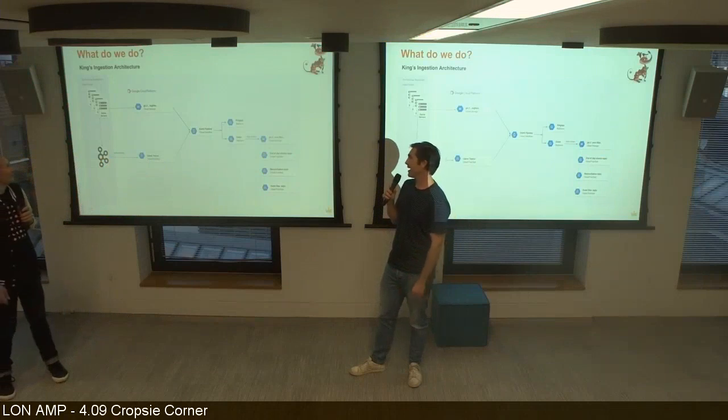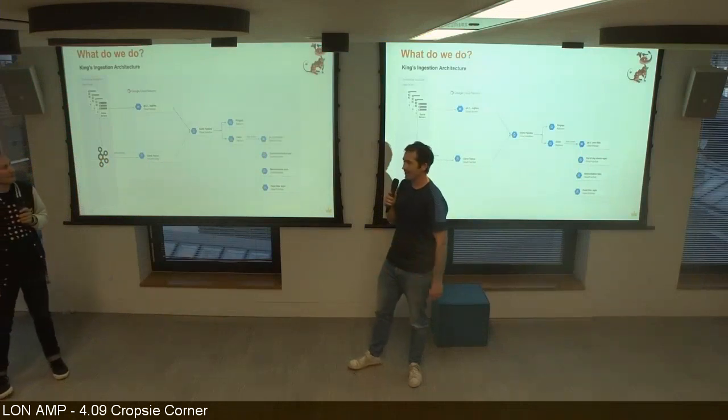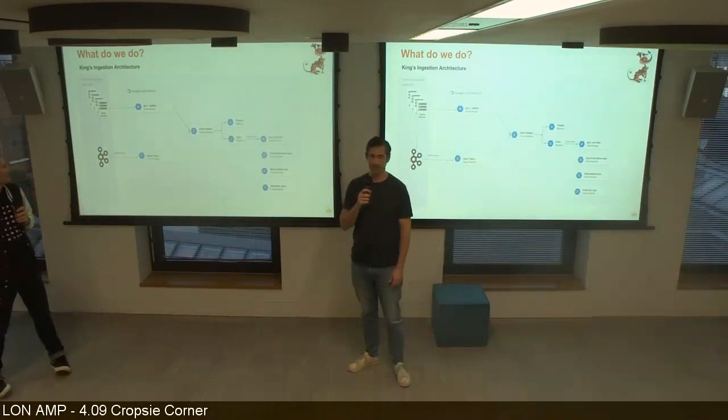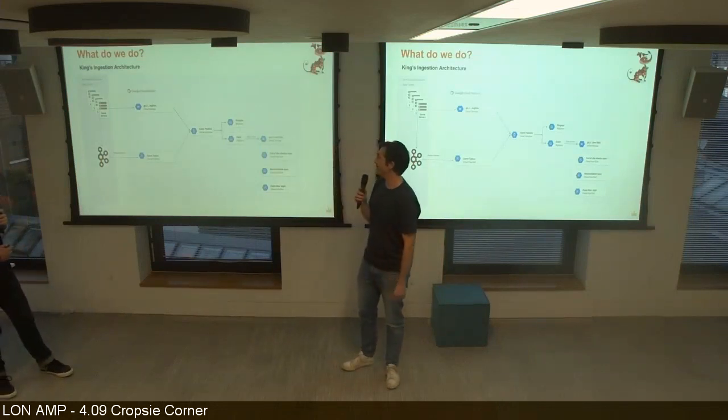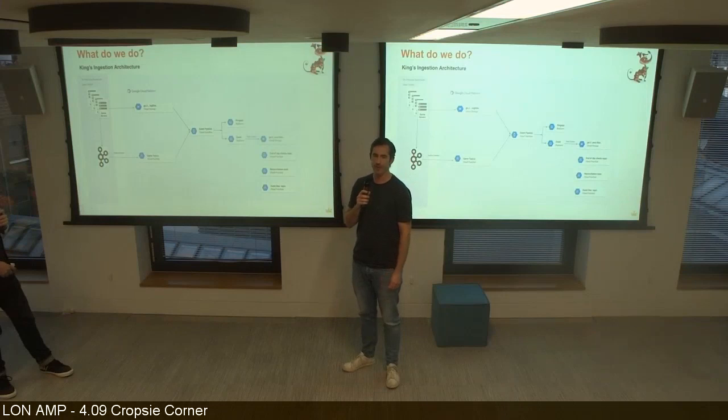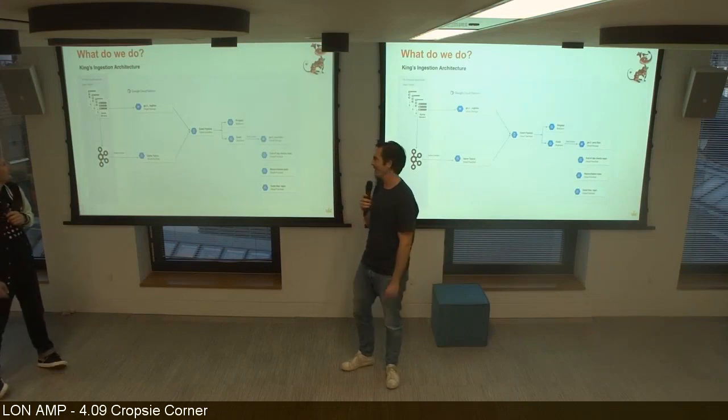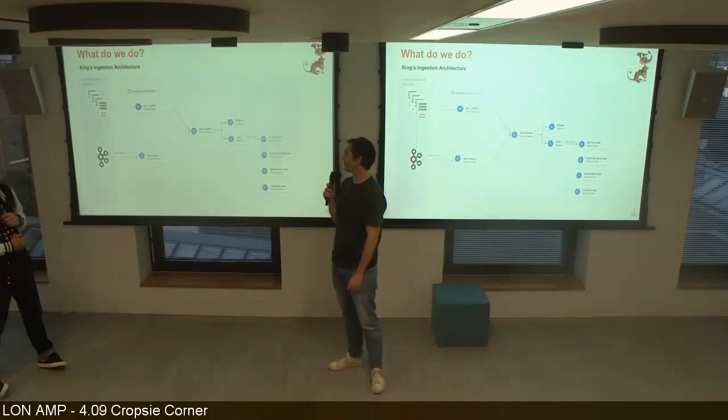And here is a very high-level architecture diagram of how we ingest data at King. Just to go through the main flow, we have thousands of game servers running in a dedicated data center in Stockholm. Every hour, these produce log files that get pushed into GCS.